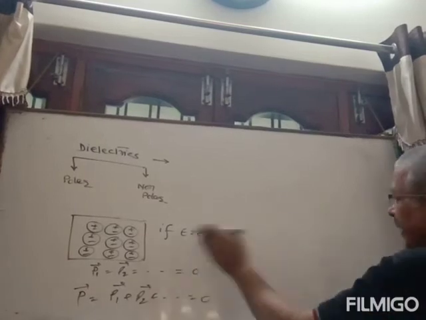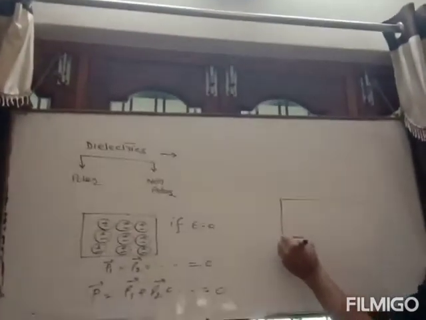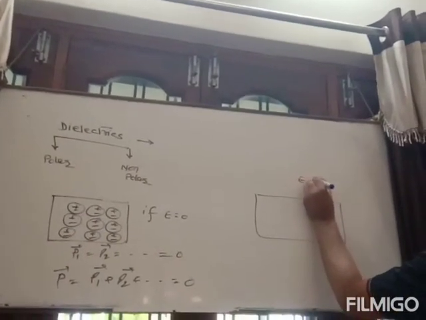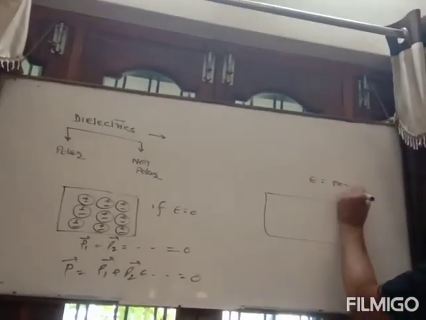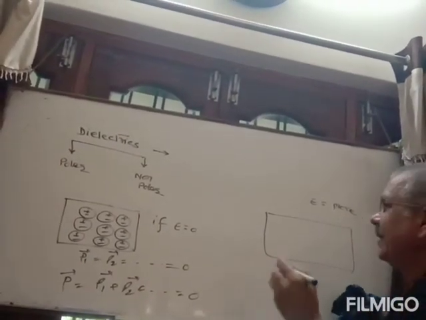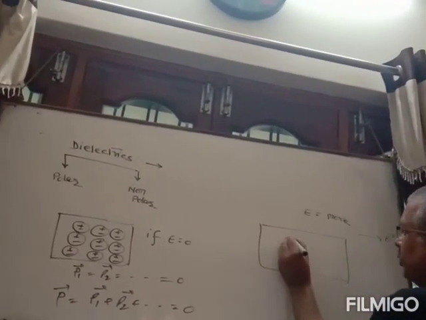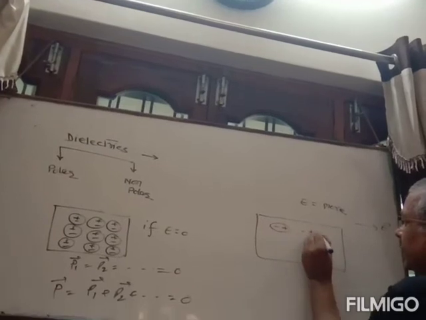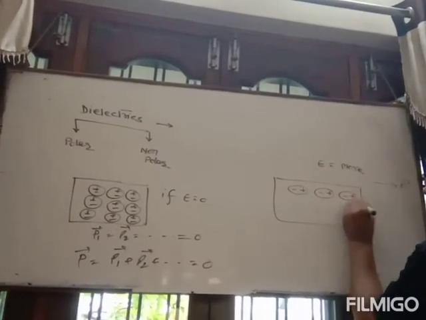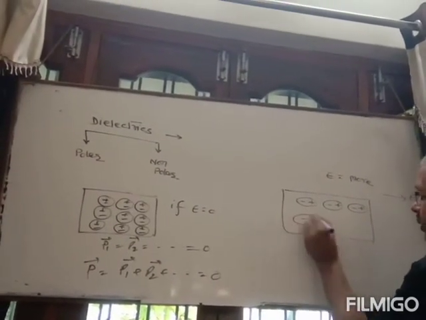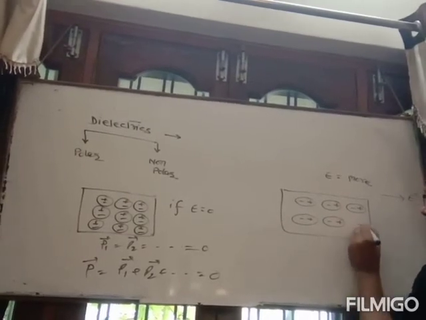But if this dielectric is kept in a strong electric field, so what happens? Their positive and negative charge centers get separated. Suppose this is the direction of the electric field, so positive along the direction of the electric field, and negative along the opposite direction of the electric field.